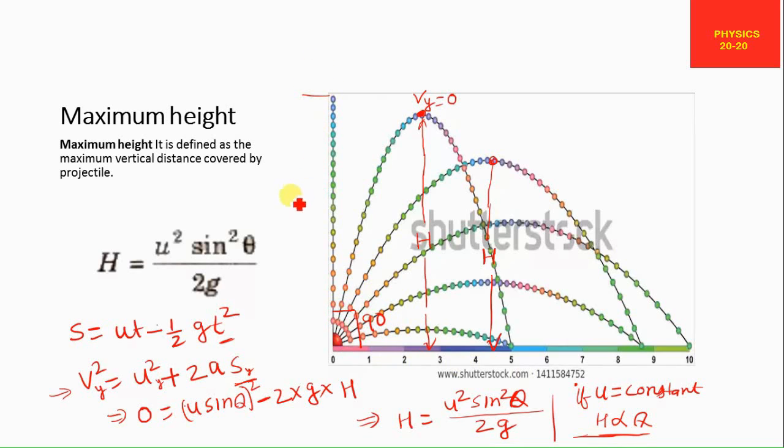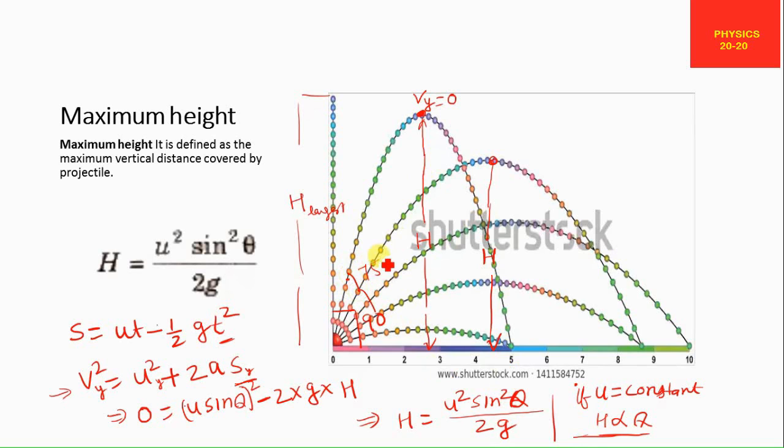If the angle of projection is 90 degree, then this maximum height is the largest value among all others, because sin 90 is equal to 1.